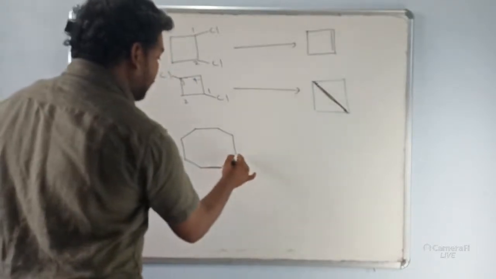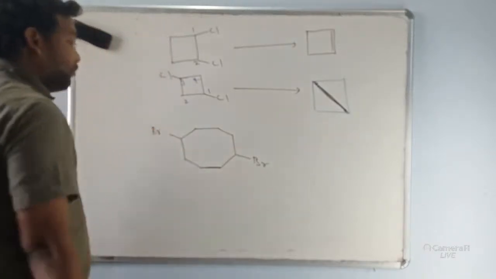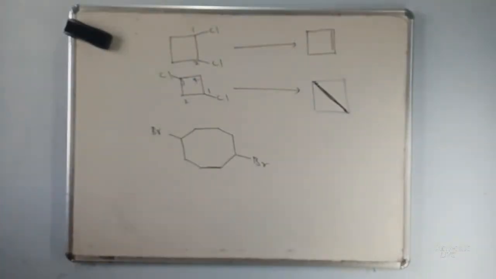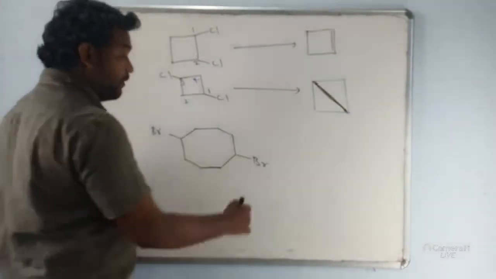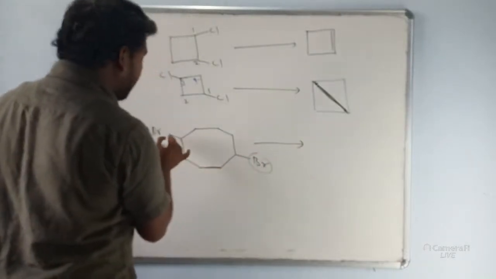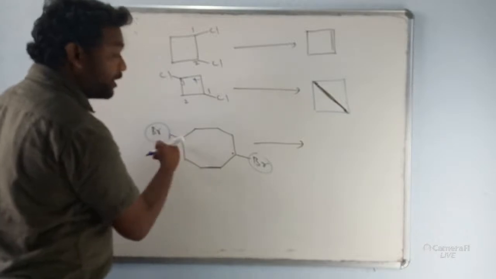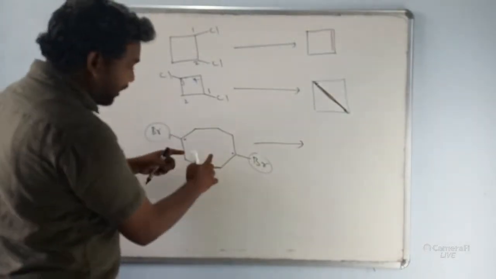Here is a bromine, and here is a bromine. Take care. So what's the product we are going to get? Could you please write? See what is happening here. This bond and this bond homolytically cleave, generating a radical here, and form a bicyclic compound.